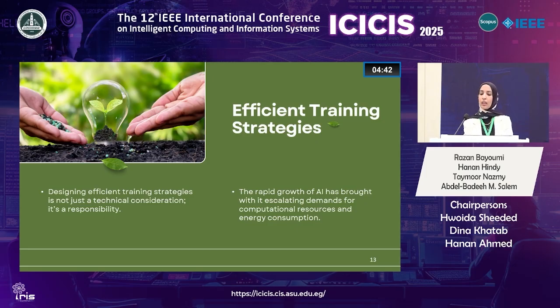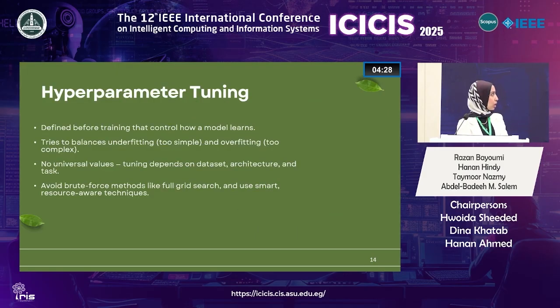The second category is efficient training strategy. Training is the second step, which comes after building our main architecture. The training covers multiple points, and we will talk about each of them. The first thing is the hyperparameter. Hyperparameters are defined before the training and control how the model learns.